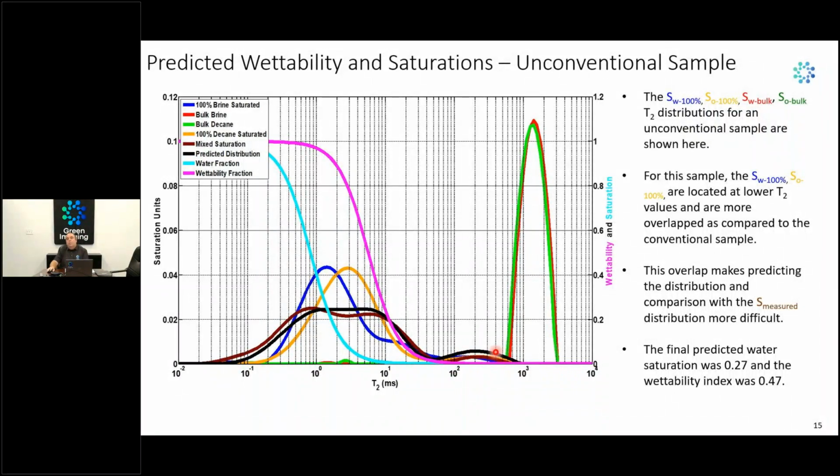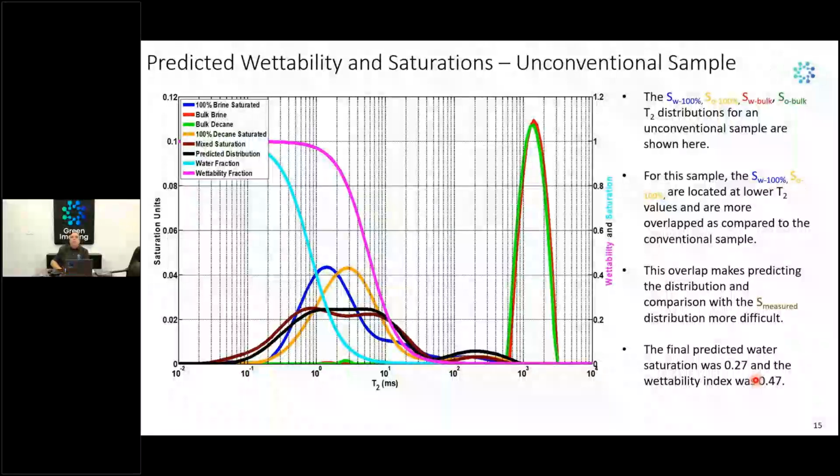And the final predicted water saturation was about 27%, and the wettability index was slightly water wet at 0.47. So the model worked. So that's good. So we were confident after some initial tests that this could work and that we could track changes in wettability of unconventional samples.